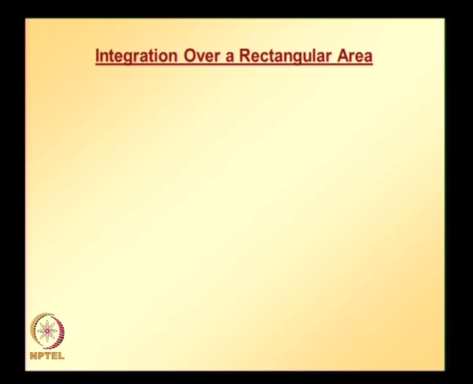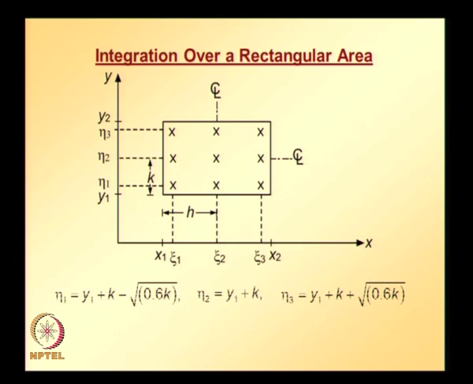Similarly, eta 1 is y1 plus k minus root of 0.6 times k, eta 2 is y1 plus k, eta 3 is y1 plus k plus root of 0.6 times k, where k is half the dimension of the rectangular area along y direction. So, W1 is 5 over 9 times k, W2 is 8 over 9 times k, W3 is 5 over 9 times k. So, we have the locations psi 1, psi 2, psi 3, eta 1, eta 2, eta 3.